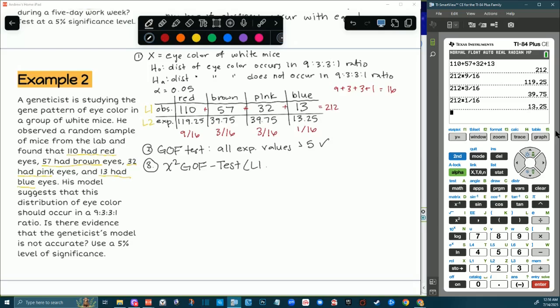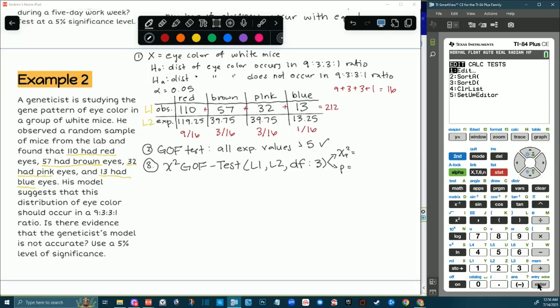It's going to ask us for observed, expected, degrees of freedom. We know degrees of freedom is categories minus 1. I have 4 eye colors, so my degrees of freedom is 3. And it's going to spit out our test statistic and our p-value. So let's go ahead and do that on our calculator.